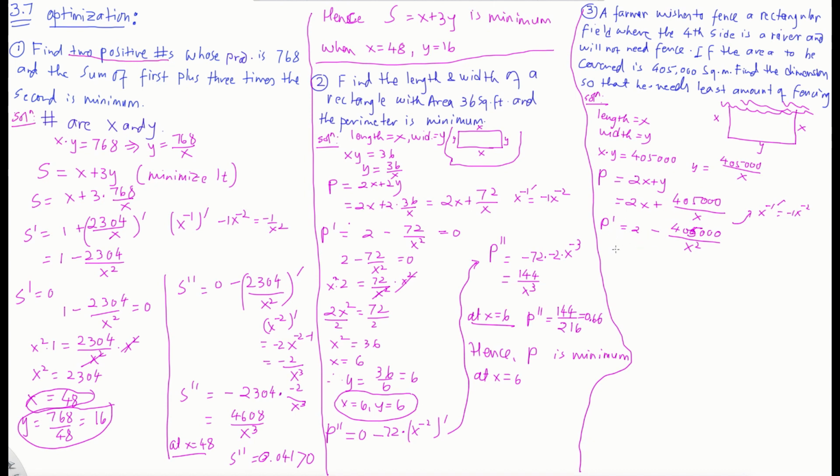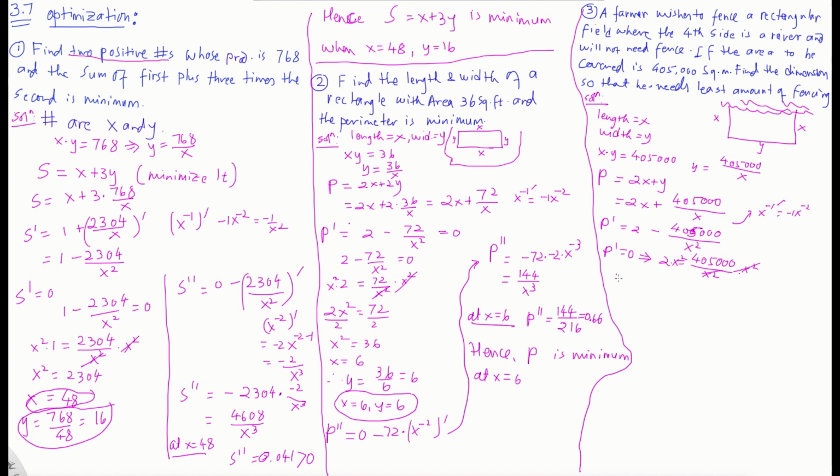So to find the critical numbers, set P prime equals 0. This implies 2 equals 405,000 divided by x squared, exactly the same process. Now multiply both sides by x squared, you cancel that, and you get x squared here, right?